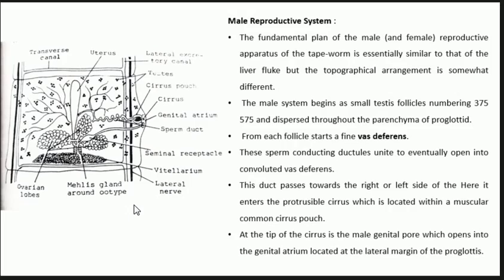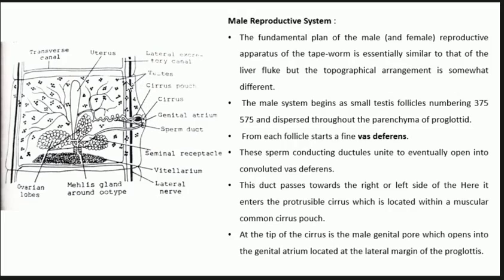Okay, so in this diagram, as you can see, you have the sperm duct and seminal receptacle. The sperm conducting ductules unite and eventually open into the convoluted vas deferens. Then this duct passes towards the right or left and enters the protrusible cirrus. As you can see here, this is the sperm duct and this enters into this cirrus pouch.